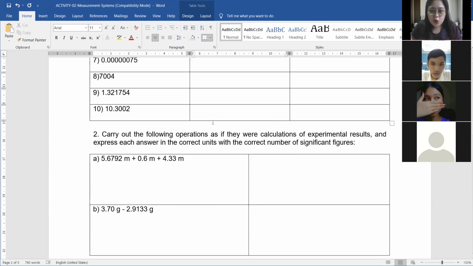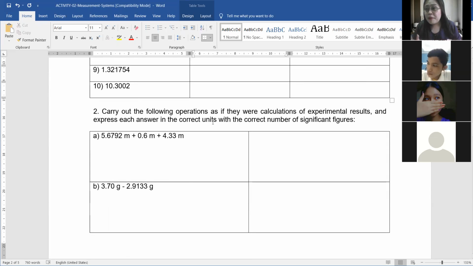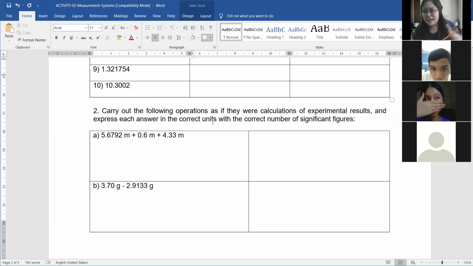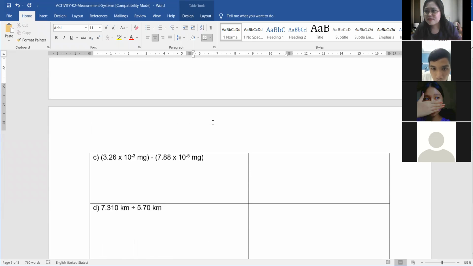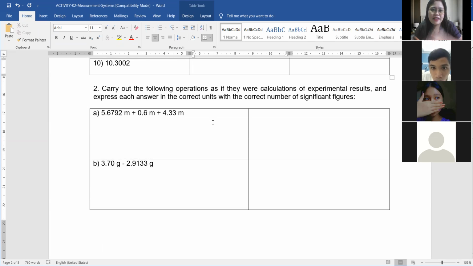So sa number 2, this is still problem solving. This is simple math, plus and minus, times and divide, kung tan-awon ninyo ang mga items. But the twist there is, you are going to carry out the following operations as if they were calculations of experimental results, but you have to express your final answer in the correct units with the correct number of significant figures.